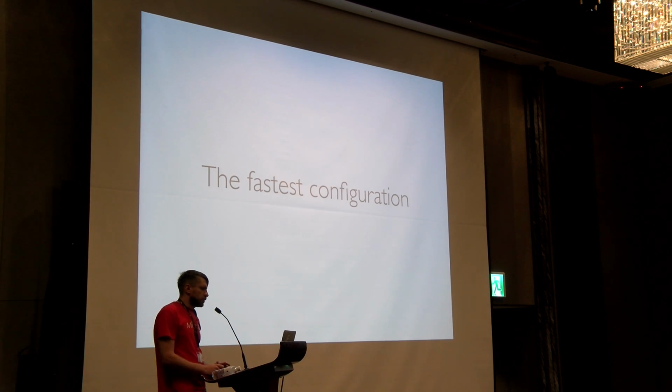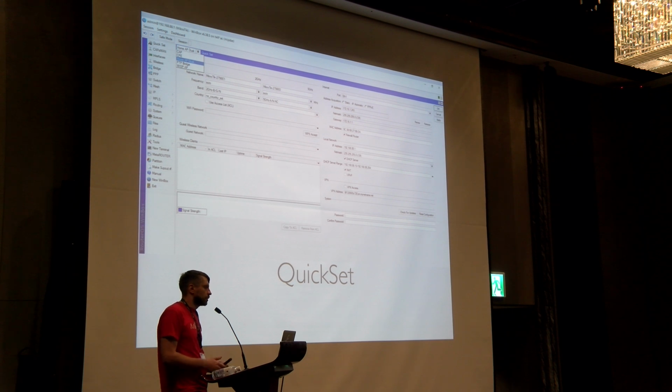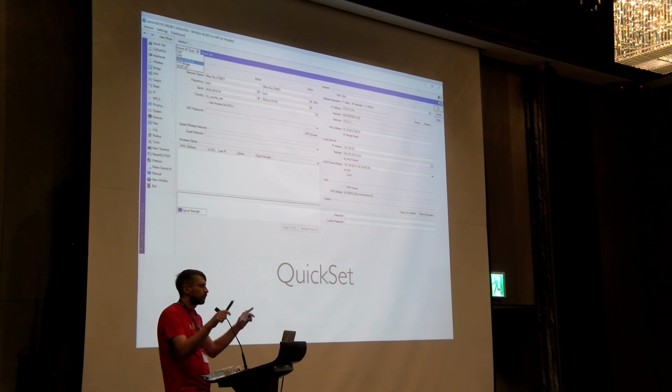The fastest configuration, or the basic configuration that is required for the device, can be applied by QuickSet. In QuickSet we have different types of configuration available that we decided to make for access point, for client, for small home router. There are some sets of commands that are available via QuickSet. They are all available on one page, and you can set basic configuration there.